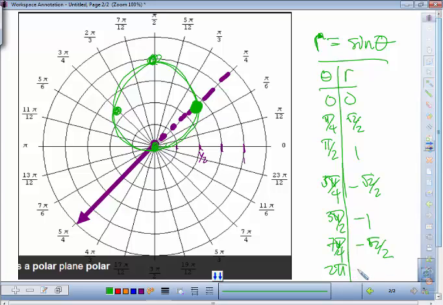And then here, it goes back to 0. So by the time you get back to 2 pi, you're back to where you started from. Yeah? Yes. Yeah, so when your r values are negative, it's going in the opposite side of which the arrow was pointing. Does that make sense?